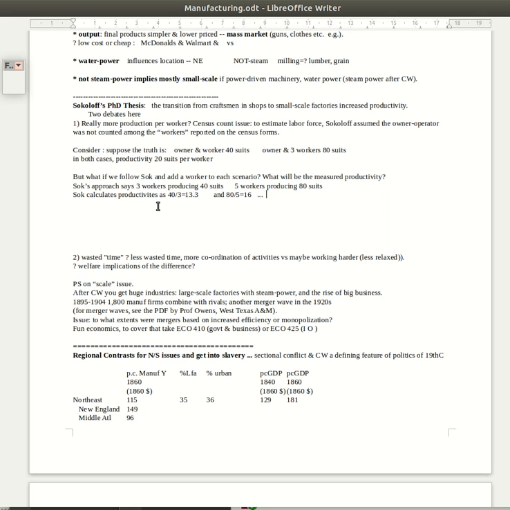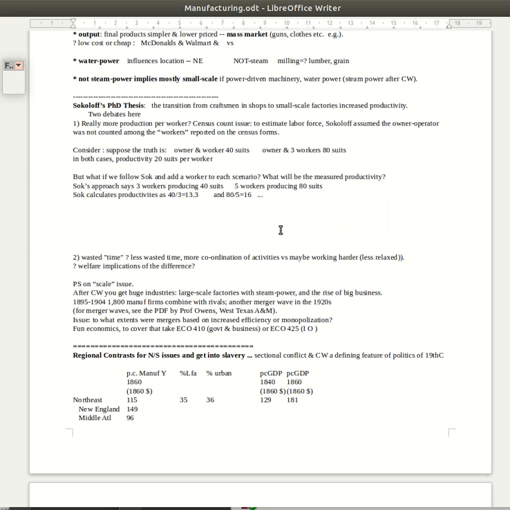All right, so notice Sokoloff's approach is going to say that the smaller shop had 40 suits being produced by a total of 3 workers for a productivity of 13 and a third suits per worker. And his technique is going to say 80 suits are being produced by 5 workers, 4 plus 1.